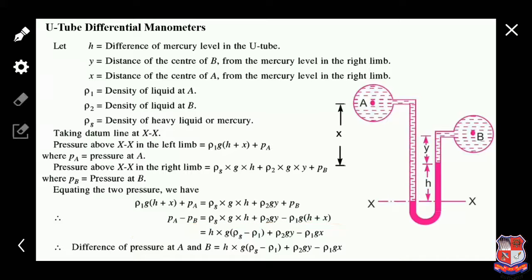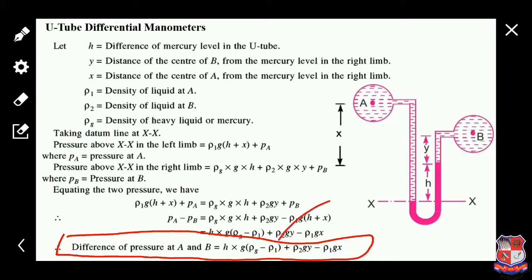Now this bracket is opened and we take g H as common: in the bracket, rho g minus rho 1, and then rho 1 g X and rho 2 g Y, but the rho 1 g X has a negative sign. Now this is the equation of pressure difference measured through the U-tube differential manometer.